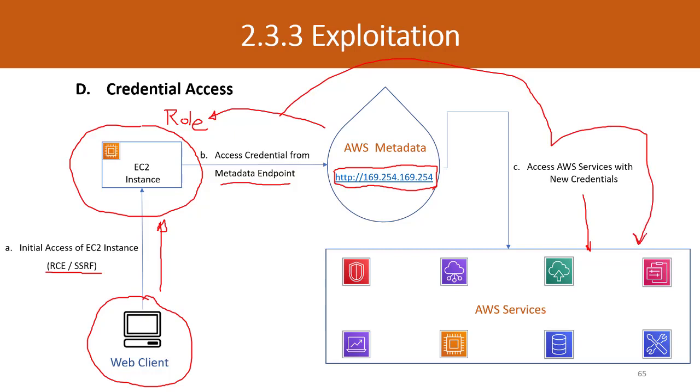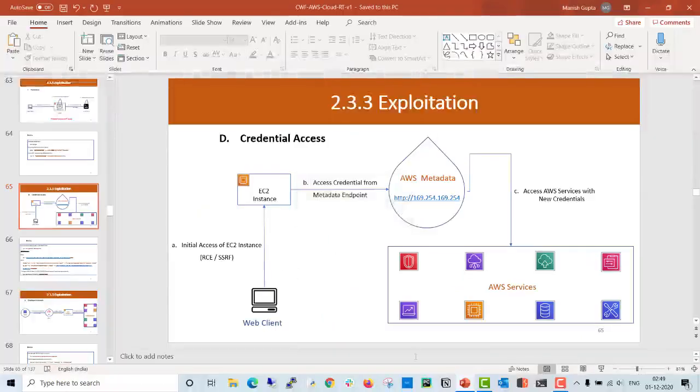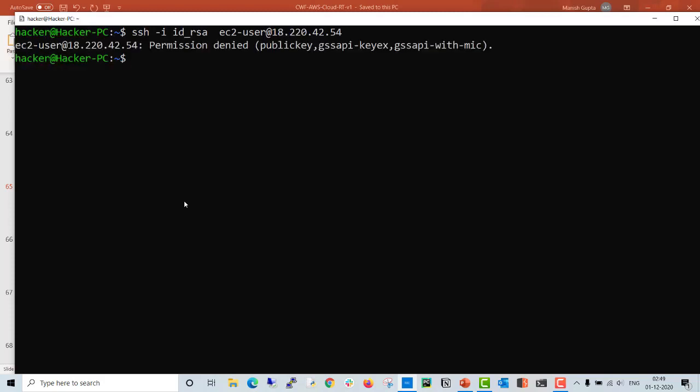So let's see how we can do this. In this scenario, suppose somehow we got the initial access. We are using the assume breach methodology, and we found that we got the initial access. Currently I'm using an SSH key.